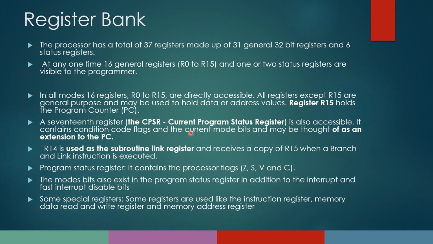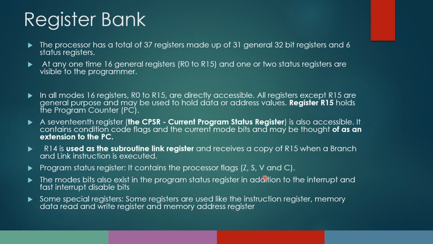In addition, there is a current program status register, the 17th register, which will also be accessible. What will it contain? It will contain certain condition code flags and the current mode bits. It may be thought of as an extension to the program counter. So it will be showing some status.